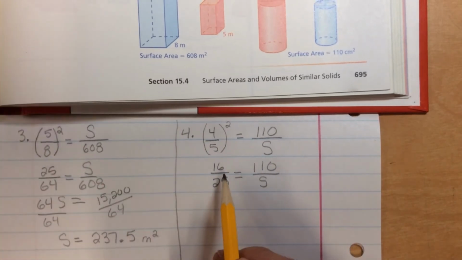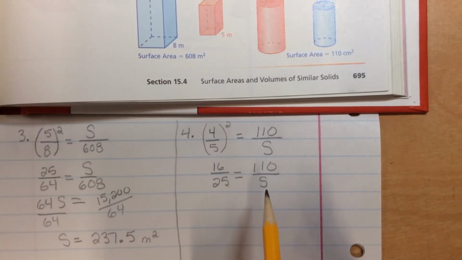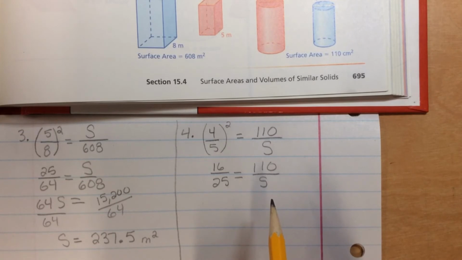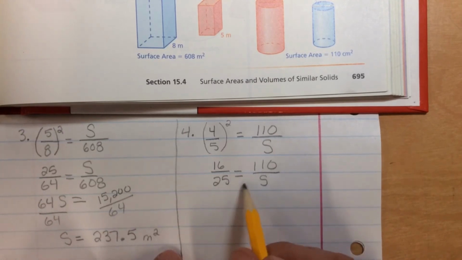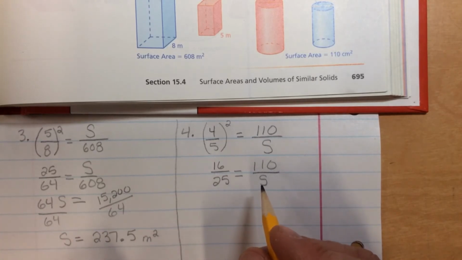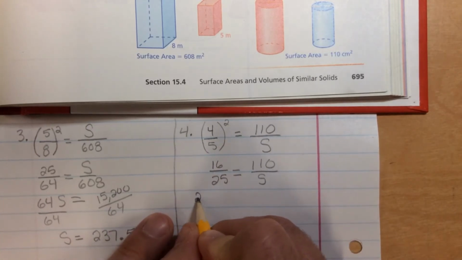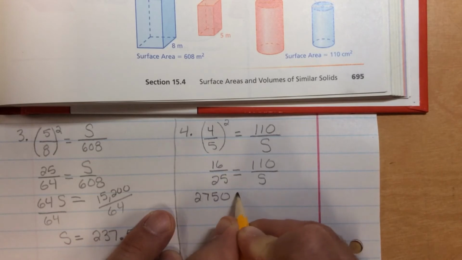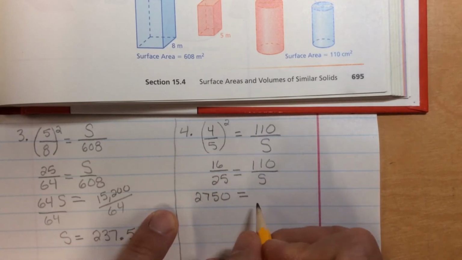Now I do have zero hope that 110 is evenly divisible by 16. So we're just going to go straight into 110 times 25, which would be 2,750. 2,750 equals 16S.